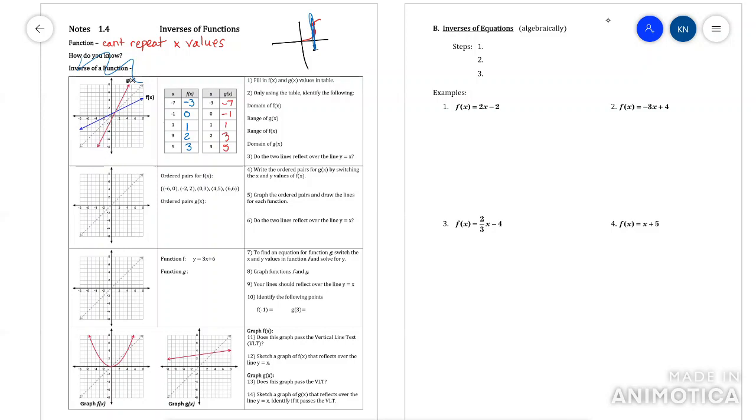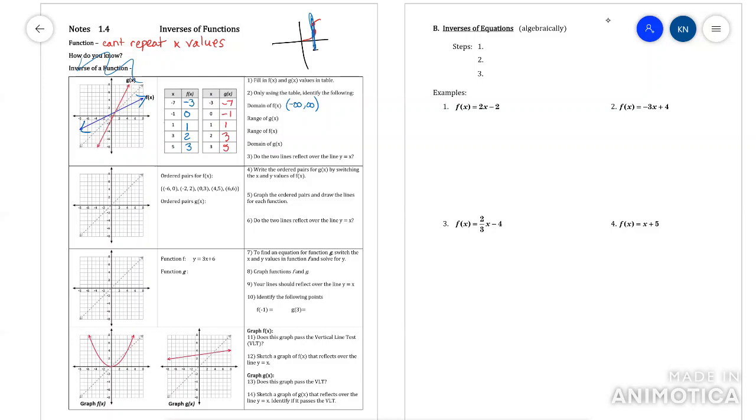Okay, now they want to know the domain of F. I'm right here. So this line has arrows on both sides, meaning it goes left forever and right forever. That means the domain is all reals, or everything from -infinity to +infinity. They want to know the range of G, which is this red line.